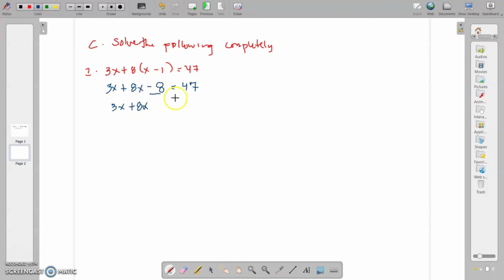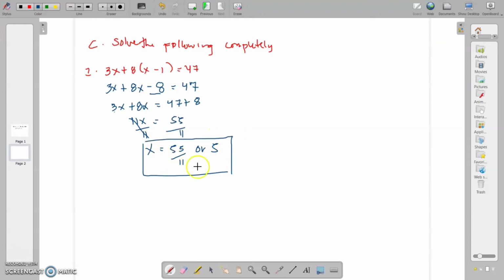Then ang negative 8 transposed to this side, maging positive, equals 47 plus 8. So 3x plus 8x is 11x. Then 47 plus 8 equals 55, over 11 para makuha si x, equals 55 over 11 or 5. So that's the answer in number 1.